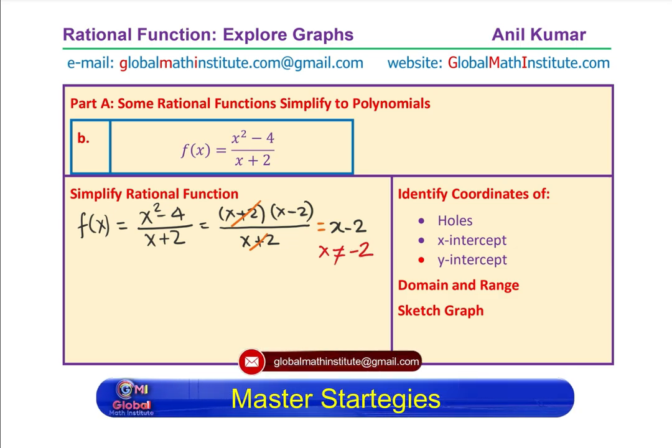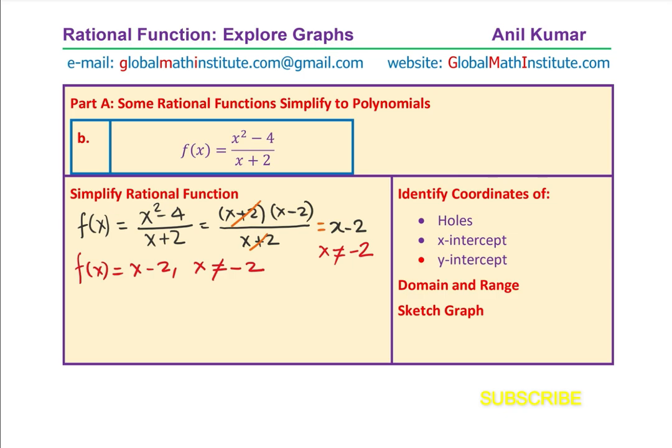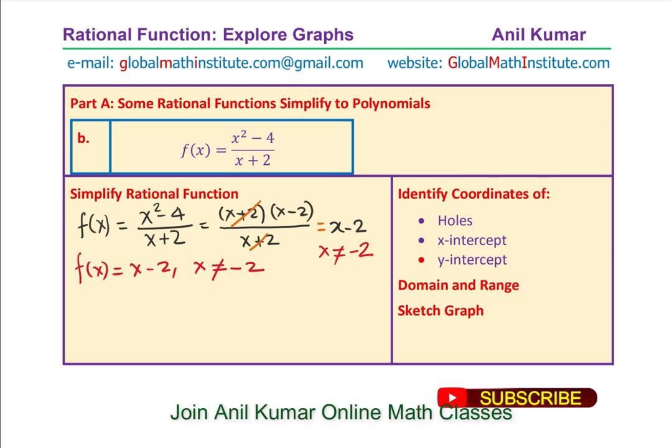Do you see that? So this factor which cancelled led to a hole, right? So we are now writing that the function f of x is indeed equal to x minus 2. However, x is not equal to minus 2. So at minus 2, we have a hole. So if I plug in the value minus 2 here, what value do we approach? We write it like this.